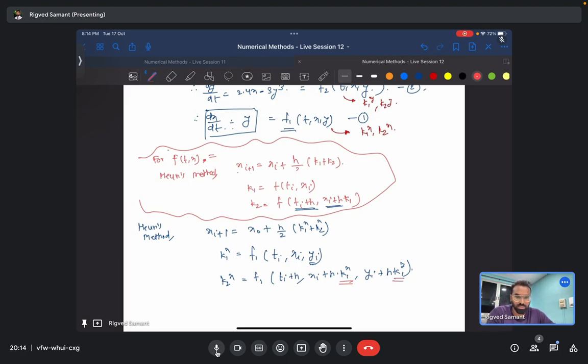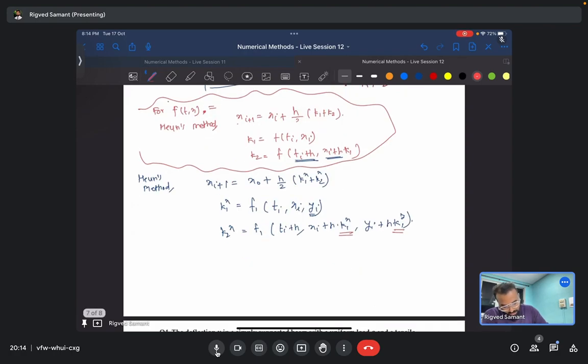Always remember. Okay, what is k1y? The point for y would be different, right? So that's what it is describing. Similarly, this is set for the first equation. Now for y i plus 1, y i plus 1 is y i plus h by 2 k1y plus k2y, right?